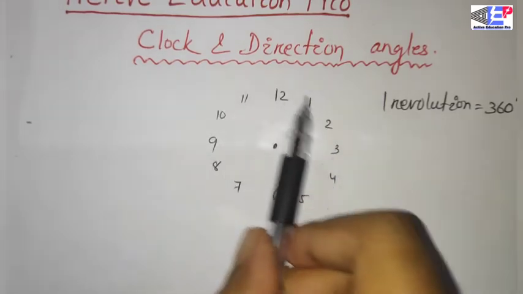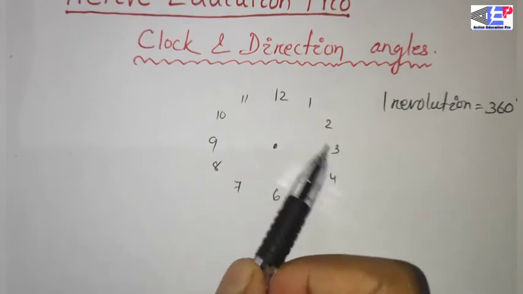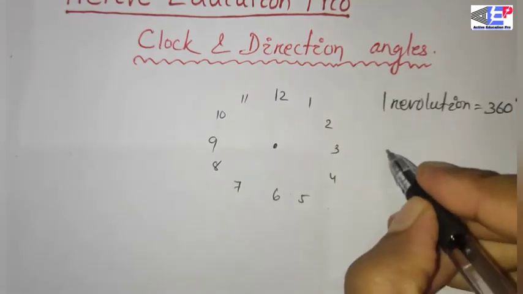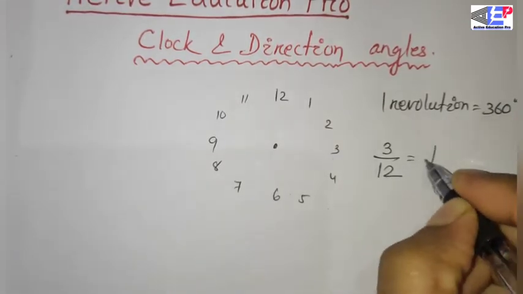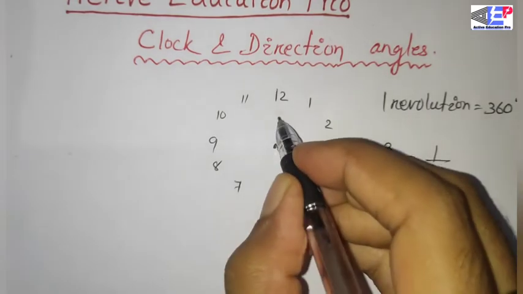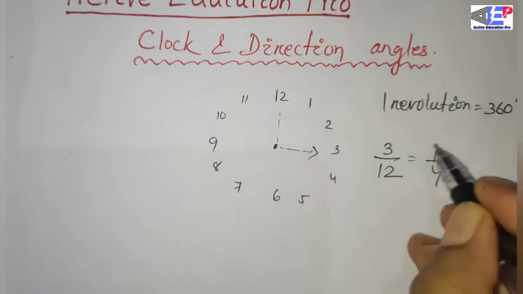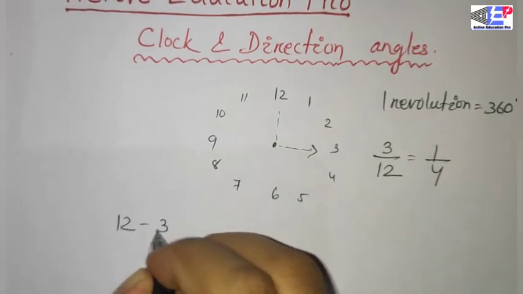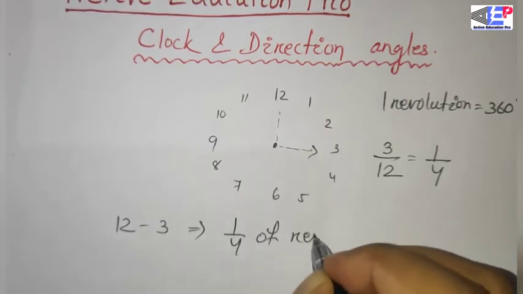If our hand moves 12 to 3, it moves 3 equal segments out of 12. So this is 3 upon 12, which is equal to 1 by 4. So 12 to 3 implies 1 by 4th of a revolution.